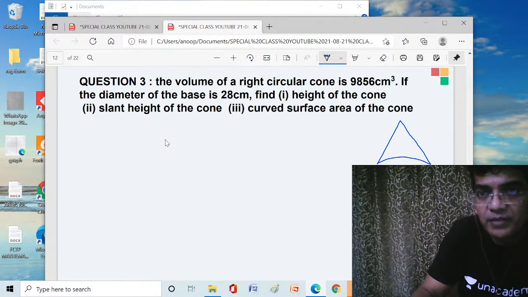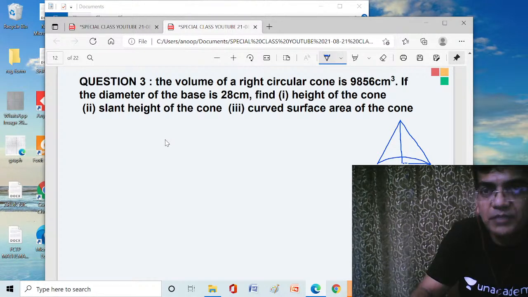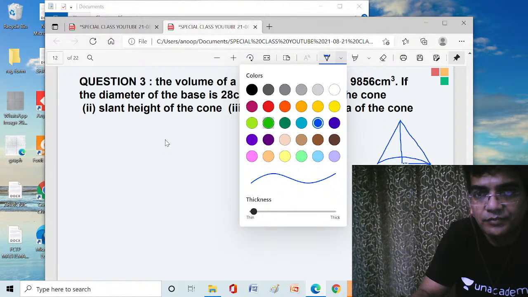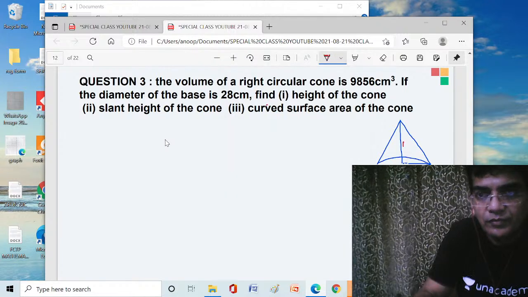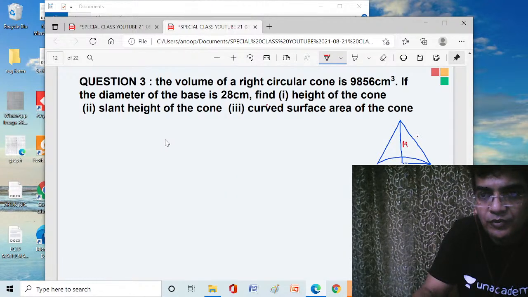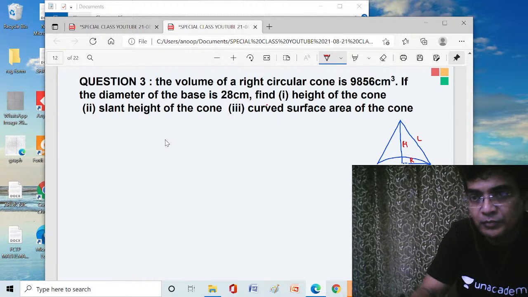A cone has three dimensions, right? So what are those three dimensions? The height of the cone, the slant height of the cone, and the radius of the cone. These are the three dimensions of the cone.